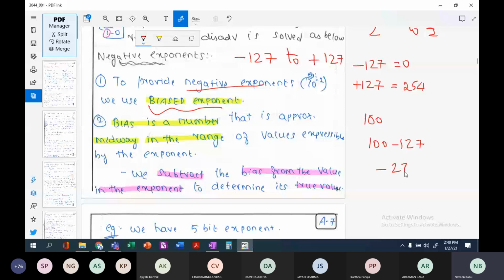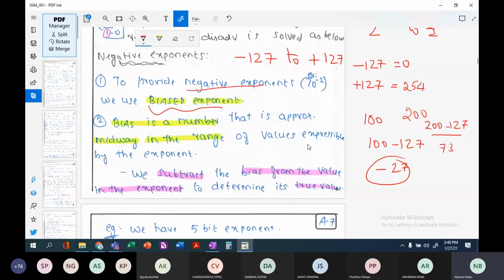So -27 corresponds to 100. What is 200 corresponding to? 200 minus 127, which is 73. I hope you understand this. Any doubt here? Anyway, we are going to see this in detail.